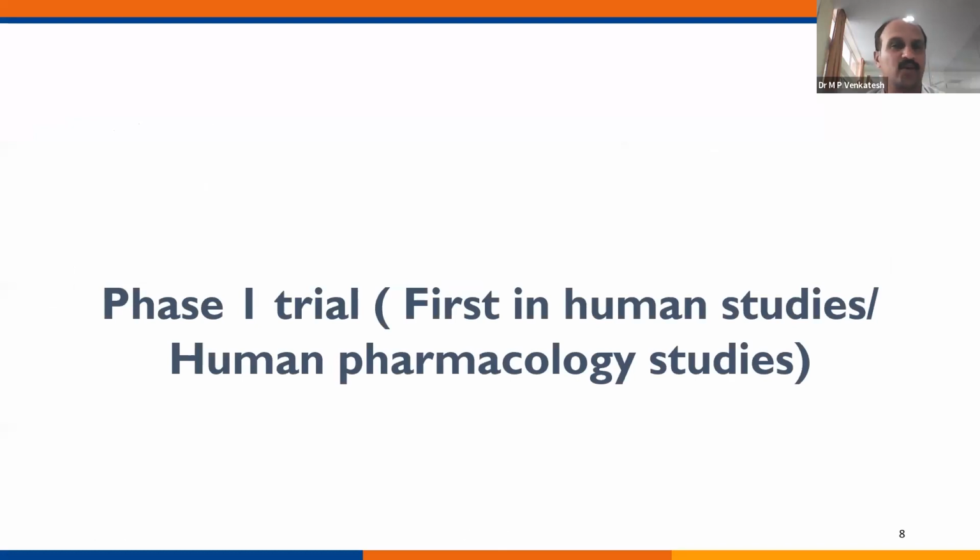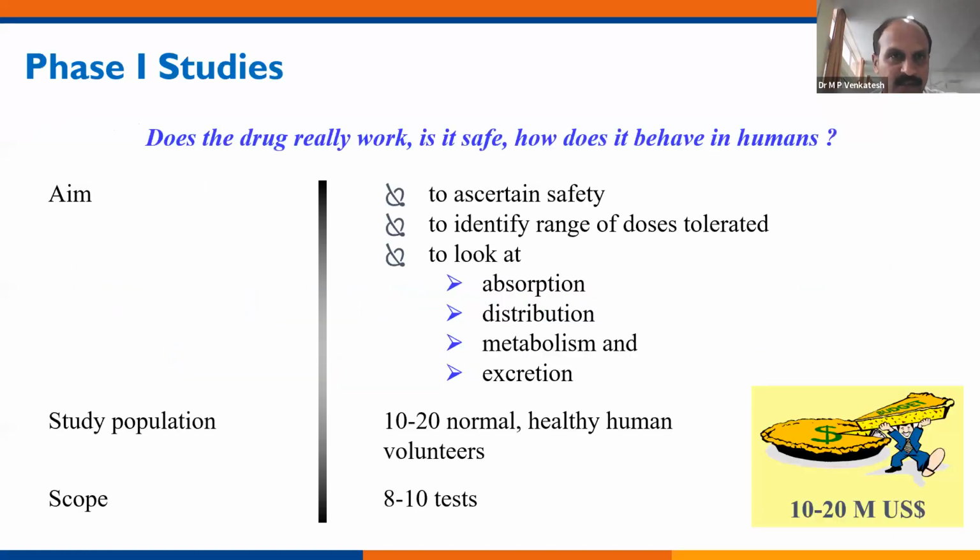As I said, that is only an optional study. It is not mandatory. The first clinical trial done in humans is called the phase 1 trial. This is called first in human studies or human pharmacological studies.